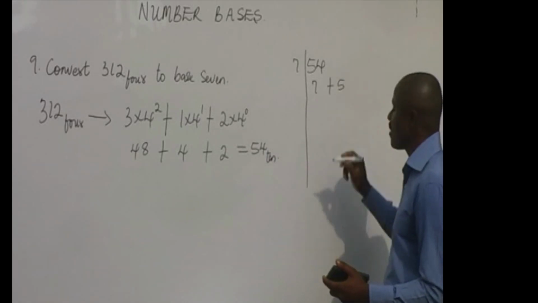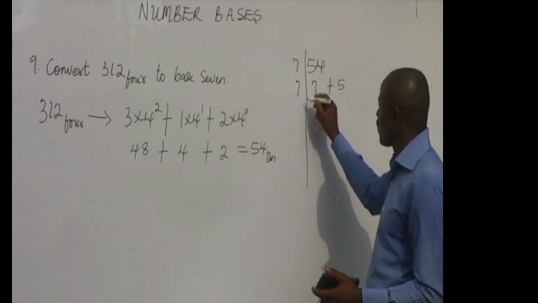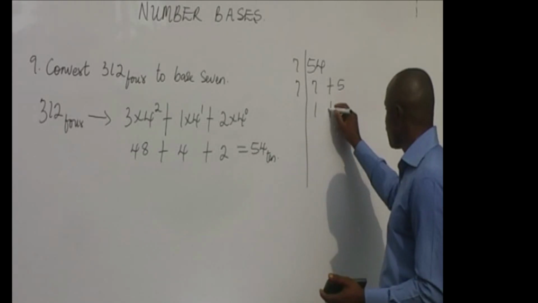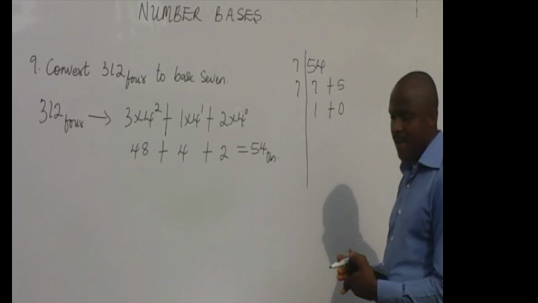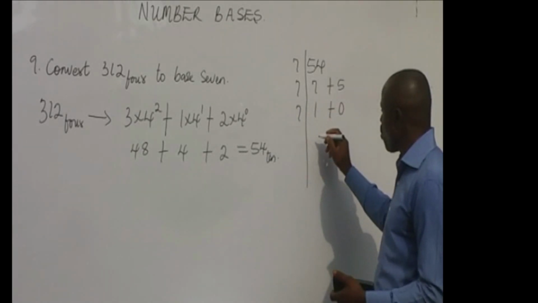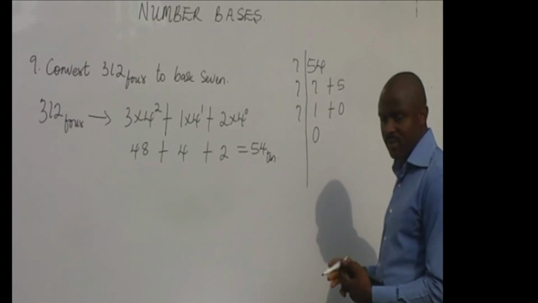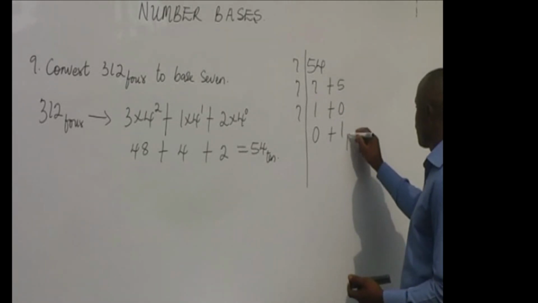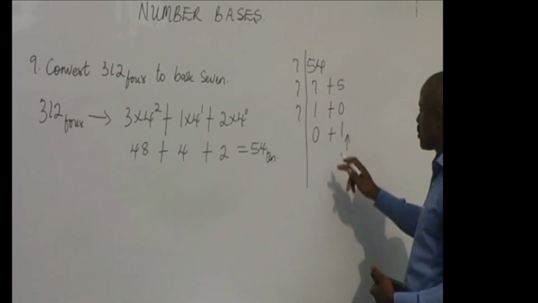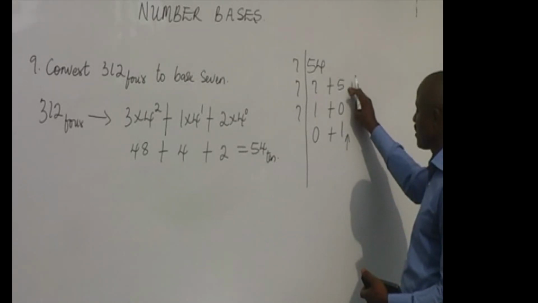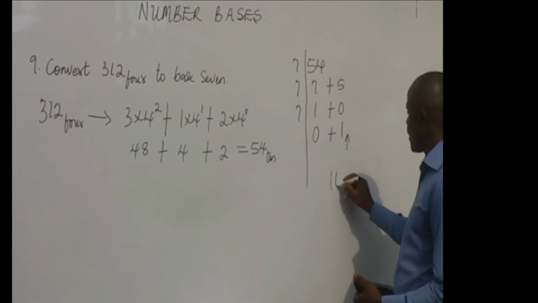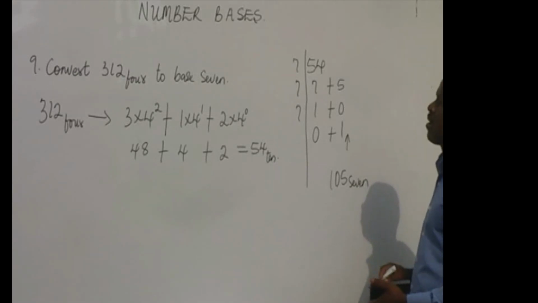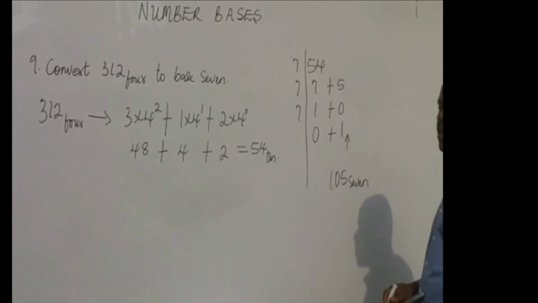So write plus 5. 7 divided by 7 is 1. Nothing is remaining, so write plus nothing remaining. 7 divides 1 is not possible, then bring down the 1. So take your value in this order, not 501 but 105. So that means 105 base 7 is the value of 312 base 4.